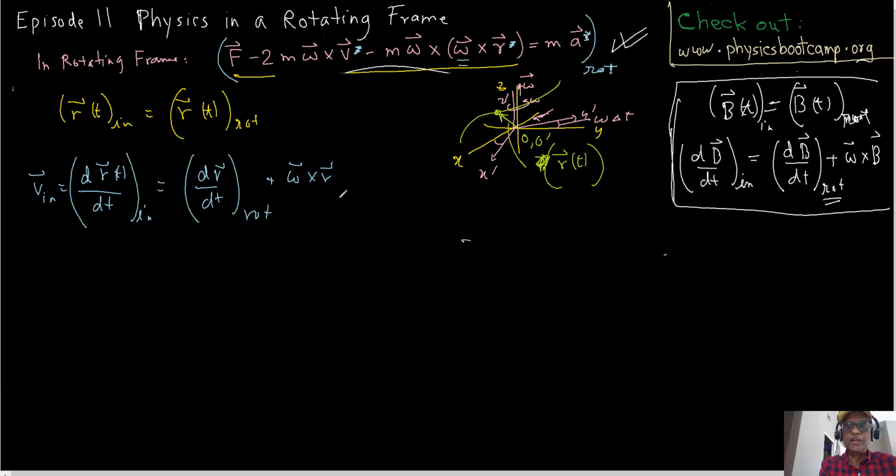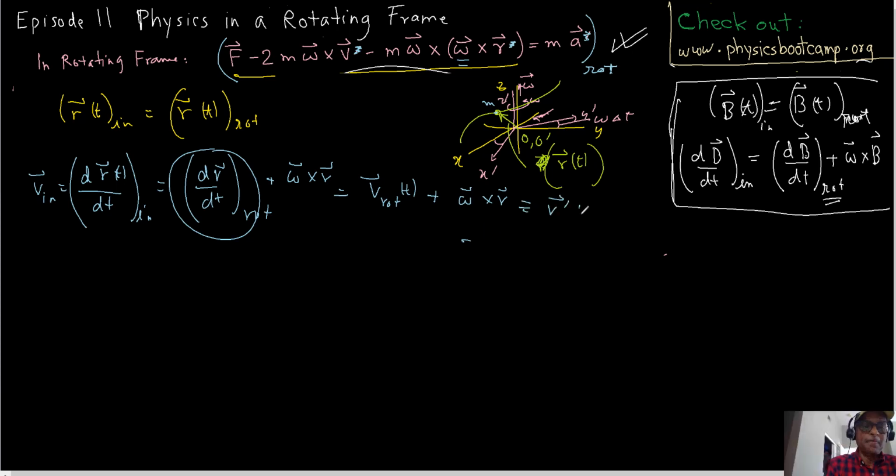So the velocity of this particle m at instant t in the rotating frame, with respect to the prime frame, plus omega cross r. R is the same as r prime. So if you wanted to write it very verbosely, you could write this as v rot plus omega cross r prime. You could write it like that, it will be fine.